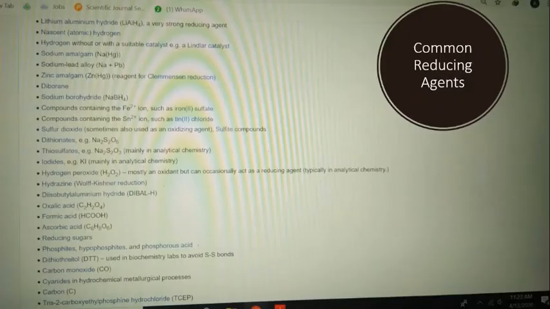These are some of the common reducing agents that we usually use in organic chemistry, like lithium aluminum hydride. It is the strongest reducing agent. Similarly, nascent, that is atomic hydrogen. Similarly, hydrogen with or without a suitable catalyst, for example, Lindlar catalyst.